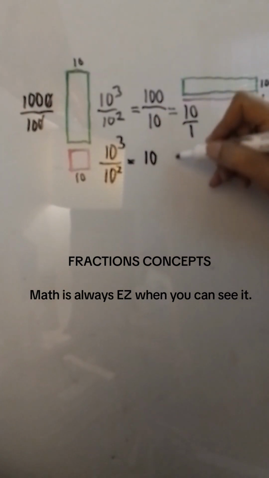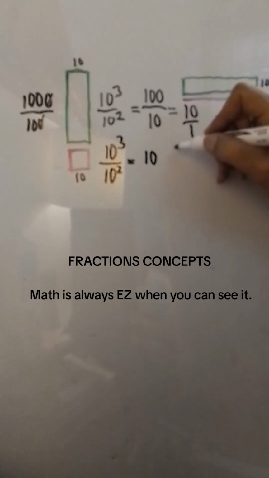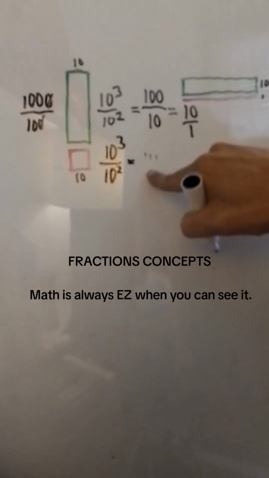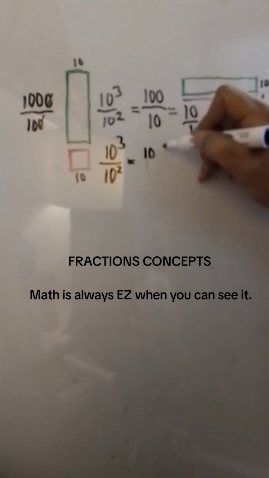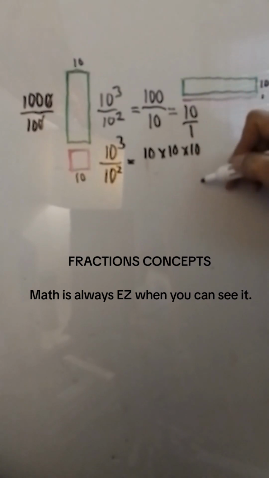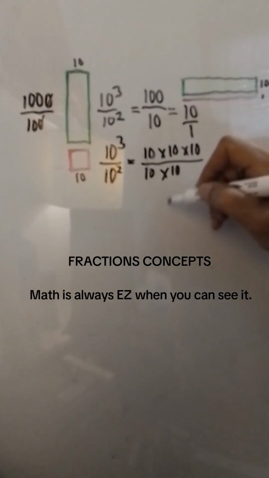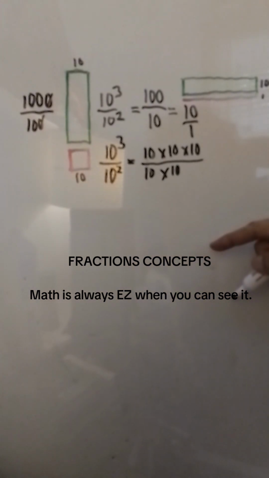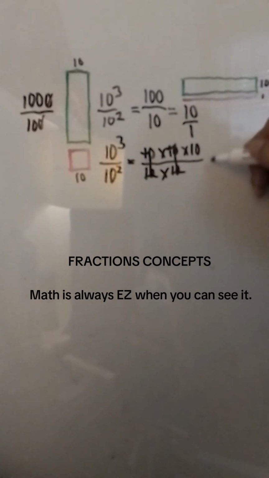Something about subtracting. Okay, so let's take a little further look at this. Let's play a game called Find the Ones. See, because what this is, 10 times 10 times 10. And what this is, 10 times 10. Well, if I play a game of Find the Ones, there's that. There's that. Oh, and now it's just 10.